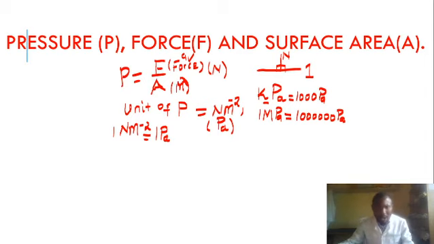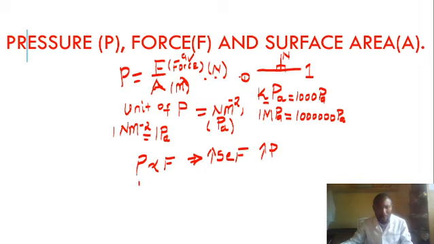So you see that from our equation 1, we can see that pressure is directly proportional to the force. What does that mean? This implies that if we increase the force, we do so by increasing the pressure.